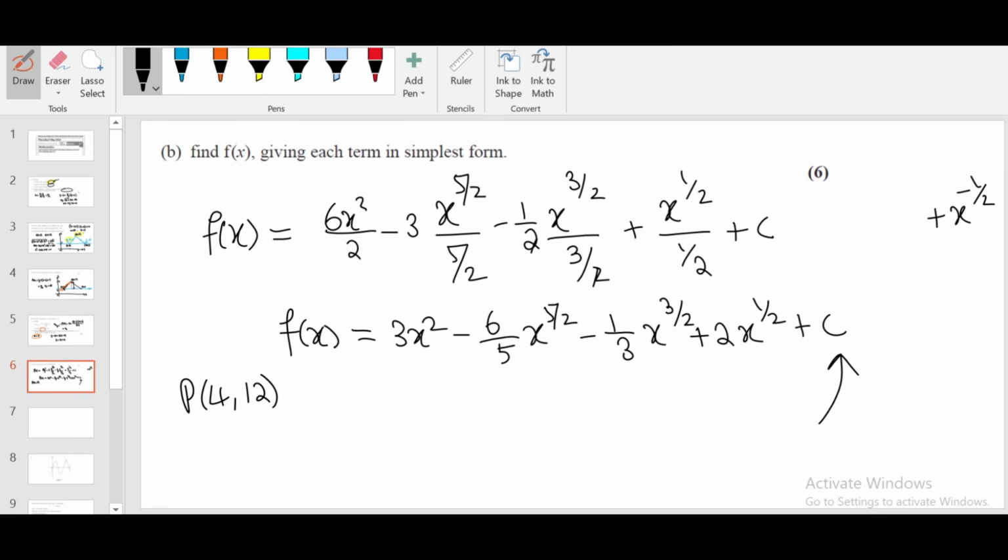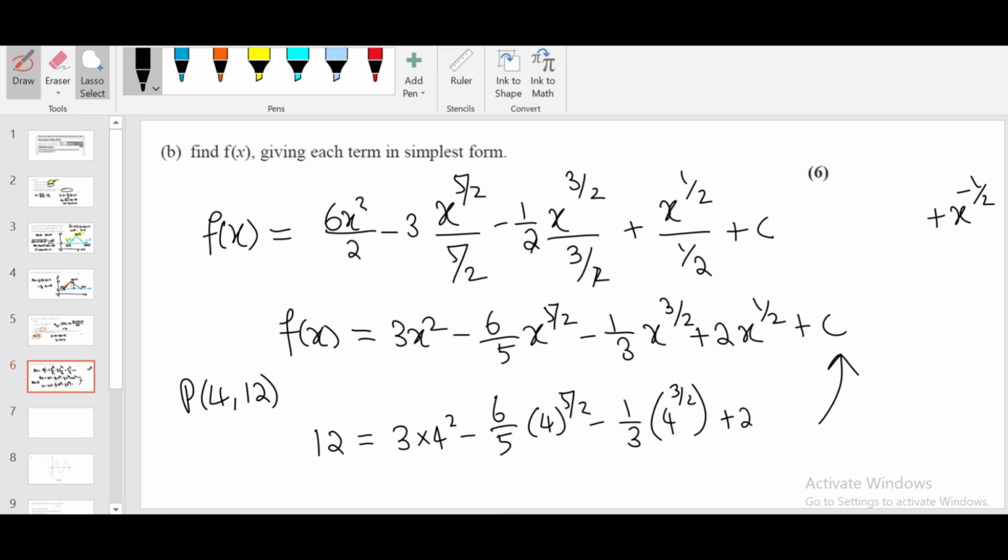c. So sub in here, replace f of x by the y coordinate, x by 4. So 3 times 4 square, 6 over 5, 4 power 5 over 2, 1 over 3, 4 power 3 over 2, 2, 4 power half plus c.